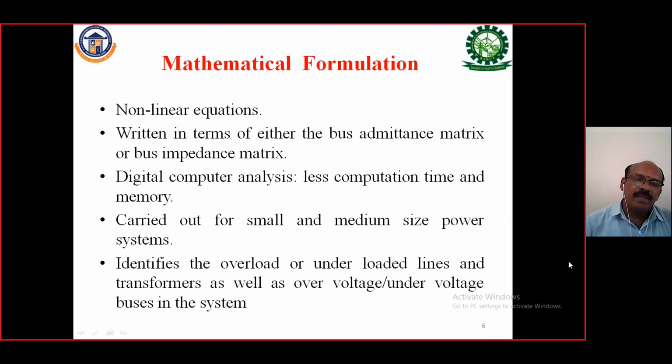While solving a big problem on a computer, the computation time should be minimum, and the memory use should also be very small. Small and medium size problems can easily be carried out by hand calculation, but for a huge network, we should use only computers.